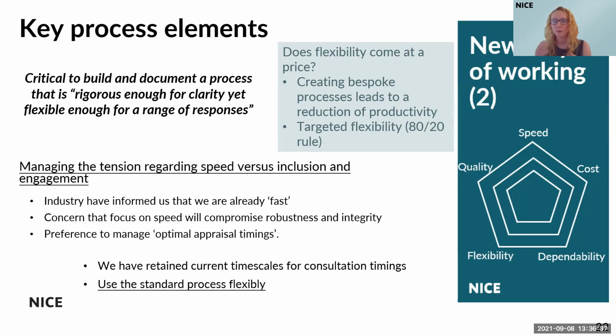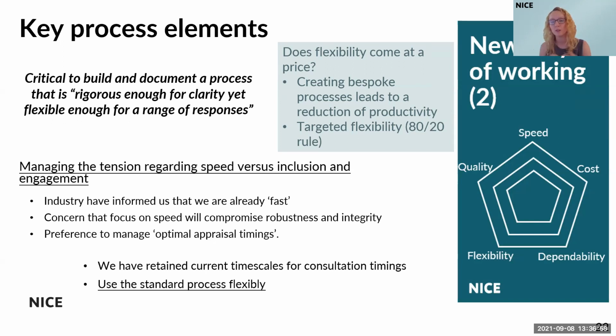Instead, we wanted to think about that targeted flexibility. So perhaps imagine that 80-20 rule, and the idea that 80% of the topics that we look at would follow that standard, that dependable process, but 20% we could afford that flexibility, adaptability where required and where it's identified as necessary.